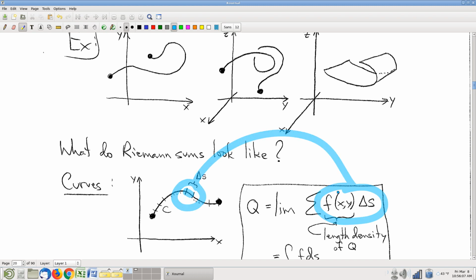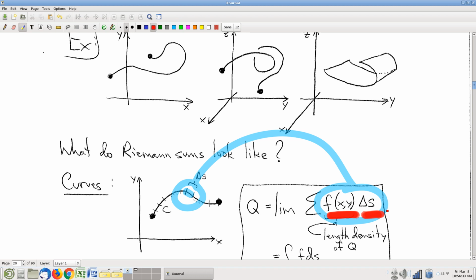If that represents a little piece of bent wire or rod, with non-constant density, the mass that I'm interested in, or whatever quantity I'm adding up, is going to be quantity per unit length times length. Length being the size in question, not area.